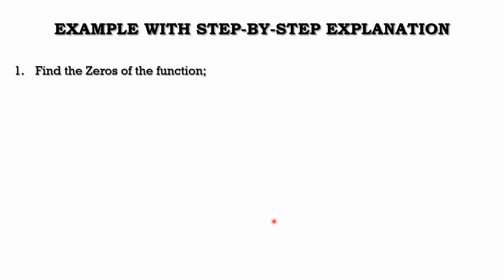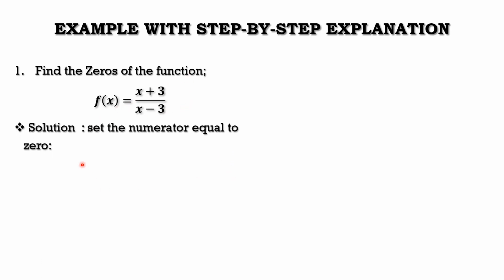Now let's see a simple example and a step-by-step explanation of what we've learned so far. We have to find the zeros of the function f of x equal to x plus 3 divided by x minus 3. The solution is to make sure that the numerator is equal to 0.